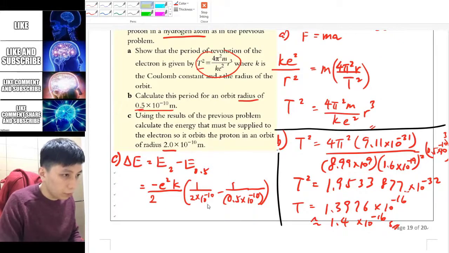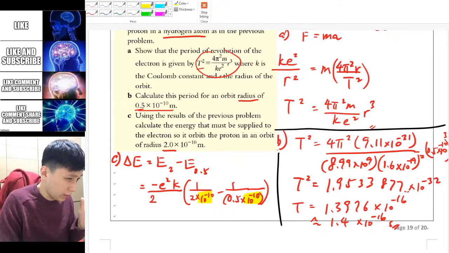Again, you can see that they both have the term 10 to the power of negative 10, so you can take it out. When you look at 1 over 2 minus 1 over 0.5, it's actually negative 3 over 2. The negative cancels with the negative outside and becomes positive 3 over 2.